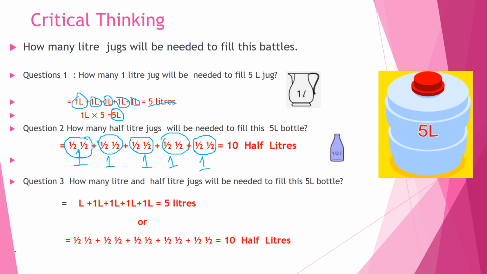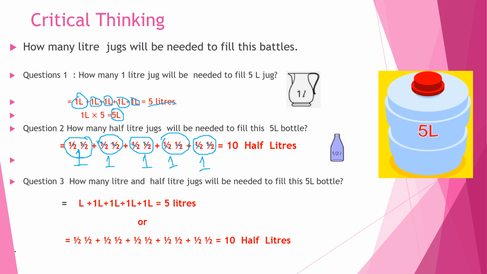So how many times did we add halves to give us 5 liters of water? Can we count? 1, 2, 3, 4, 5, 6, 7, 8, 9, 10.